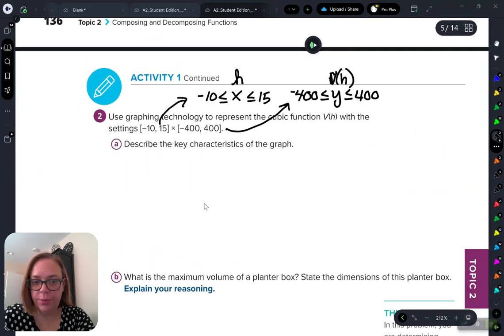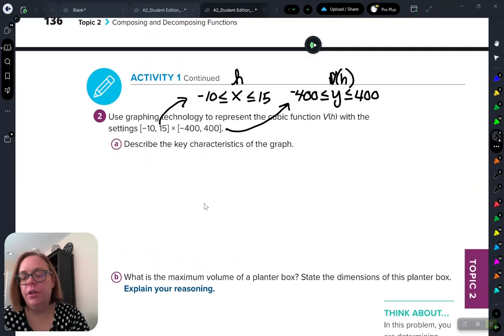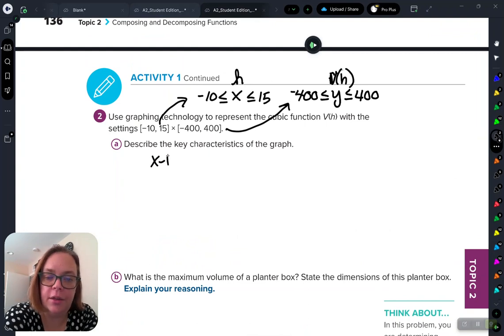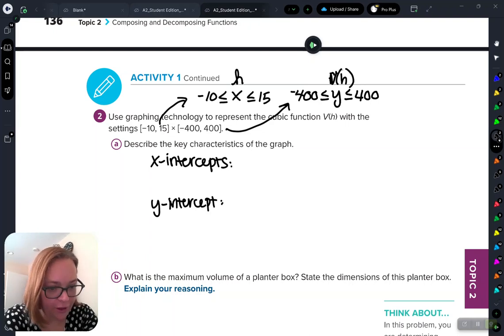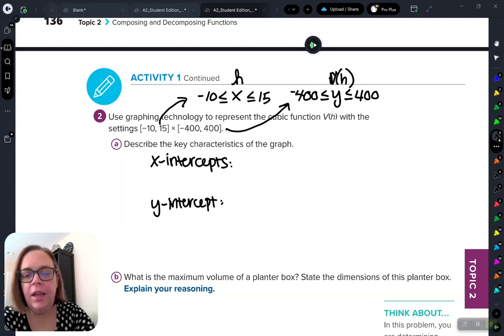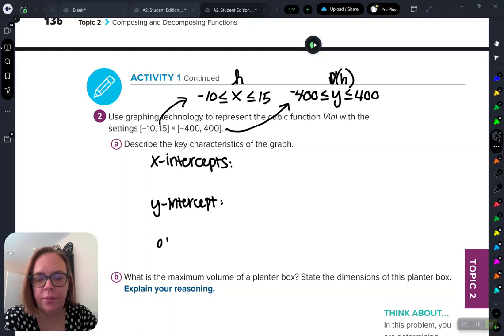Okay, so for the key characteristics, I want you to look at the x-intercepts. Maybe some y-intercepts. Or intercept. Can't have plural if it's a function, right? And any other key things that you see. Okay, so I want you to pause.